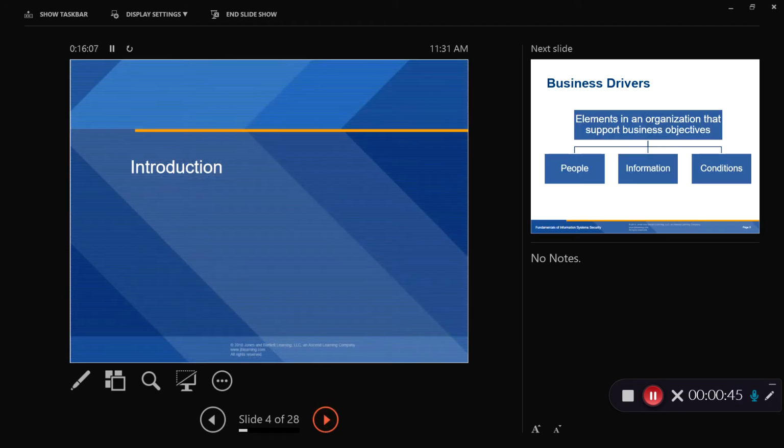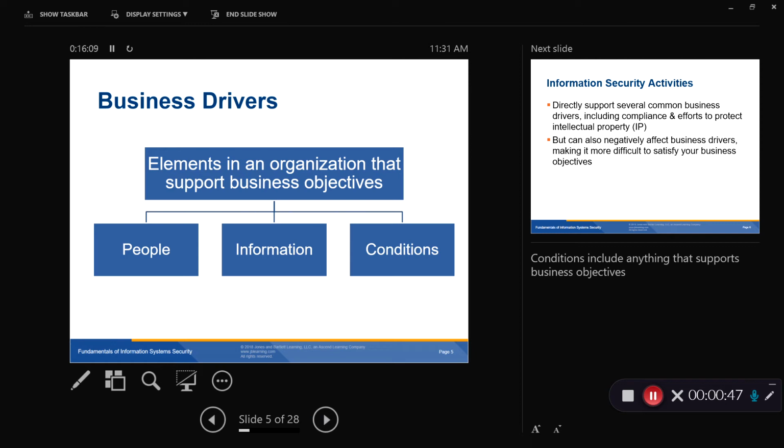So here's the introduction. Business drivers are elements in an organization that support business objectives. People. Well, we have a lot of people in an organization, and they're all working to try and sell our product, make a profit. Everybody from the president or CEO to financial people, to accounting, to marketing, to human resources, research and development, all the way down to the manufacturing floor and the people that transport our product to market.